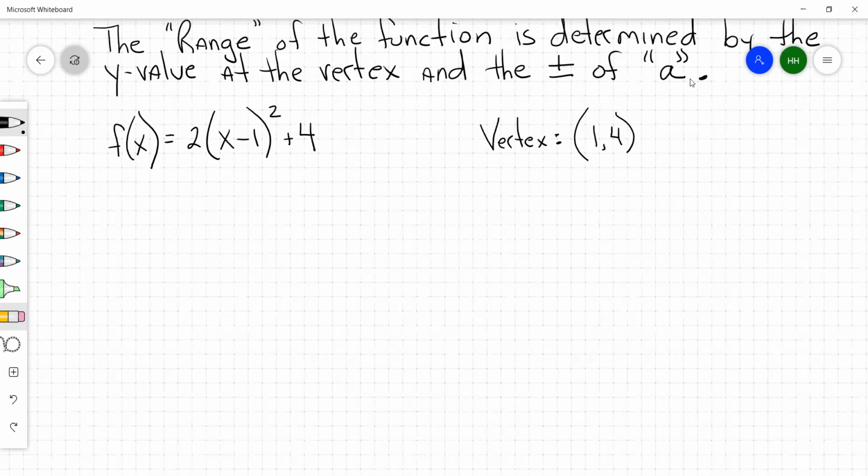The opposite of what's to the right of your x is your x value at the vertex. Whatever's to the right of the parentheses is the y value of the vertex. The axis of symmetry for this graph would be x = 1.